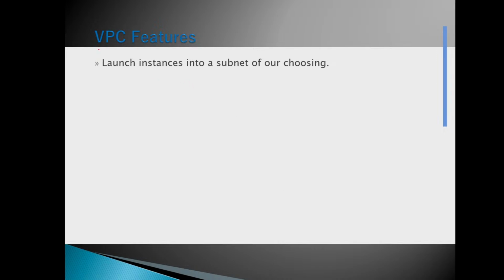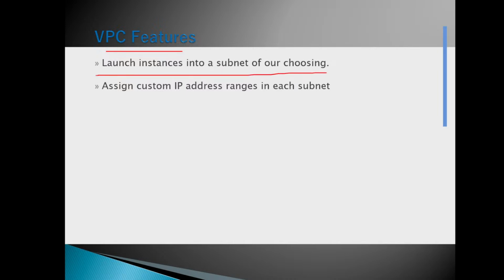Now, what are the parts of a VPC? Launch an instance in a subnet of our choice. If you remember, while creating EC2 machines, we select the subnet and the availability zone. If we create our own VPC, we can create subnets with our own IP ranges, as well as launch EC2 machines in different subnets.